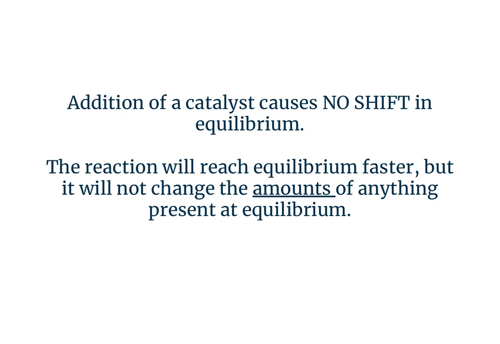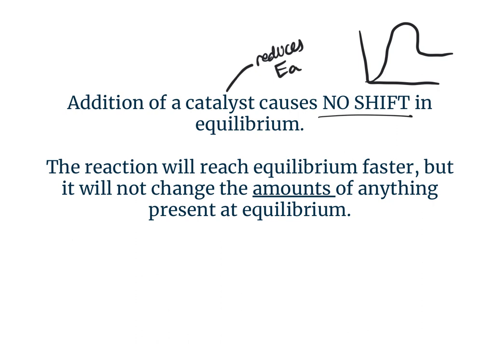The other thing that would potentially cause a change in a reaction would be a catalyst, but in this case, it causes no shift in an equilibrium. A catalyst only reduces the activation energy in a potential energy diagram. So if you think like this is a chemical reaction that has to occur, energy is on this axis, we have to go up in energy and then eventually hit this cresting point, and that's where the reaction is going to proceed forward.